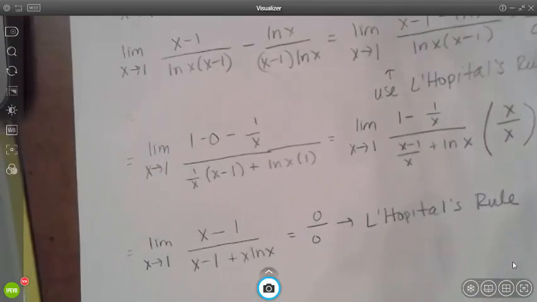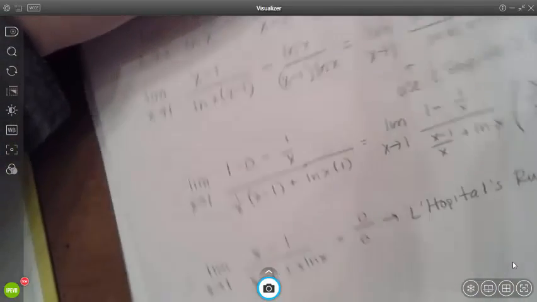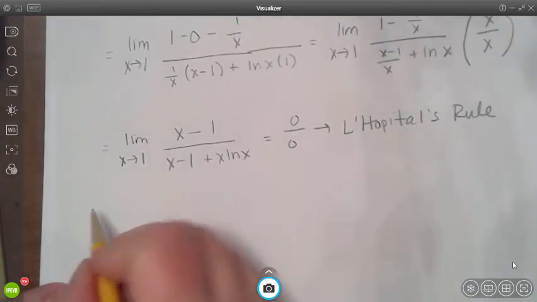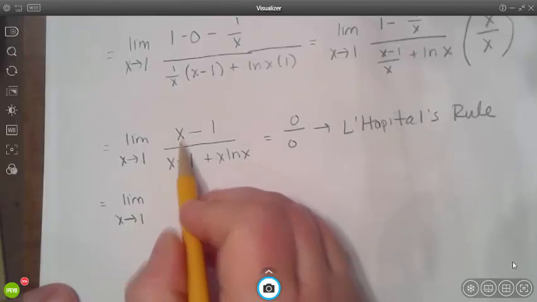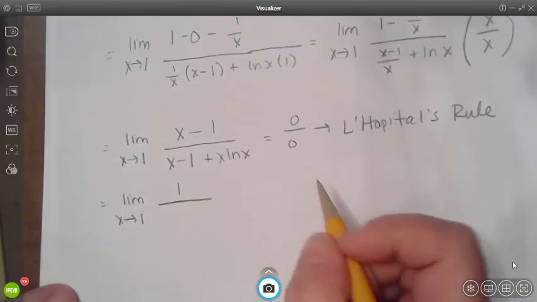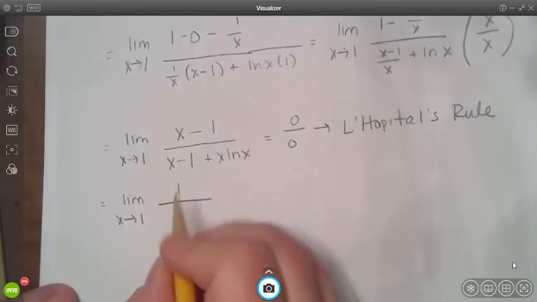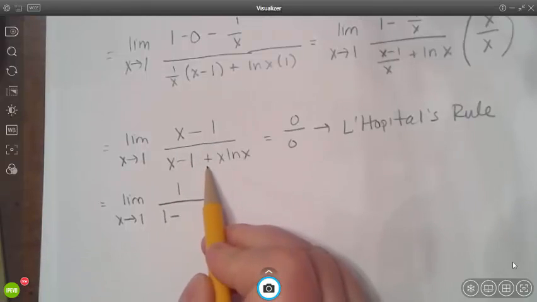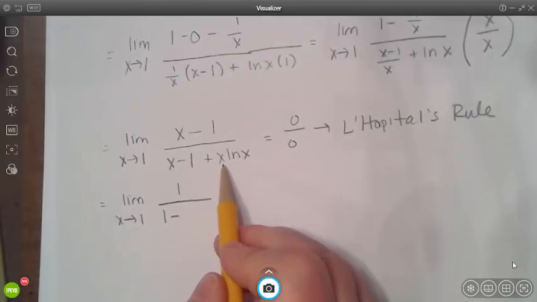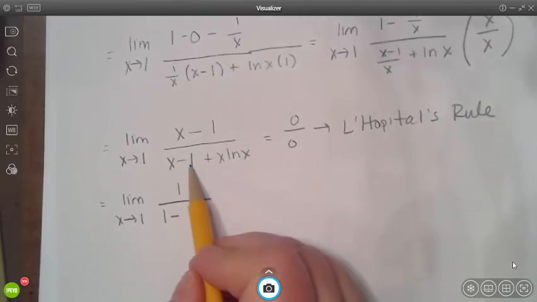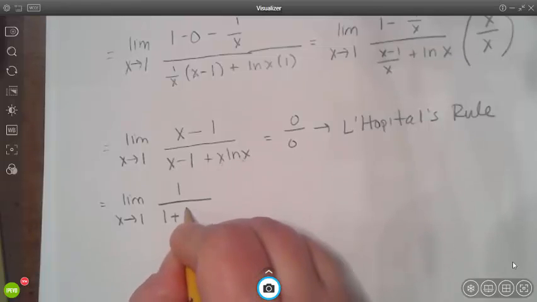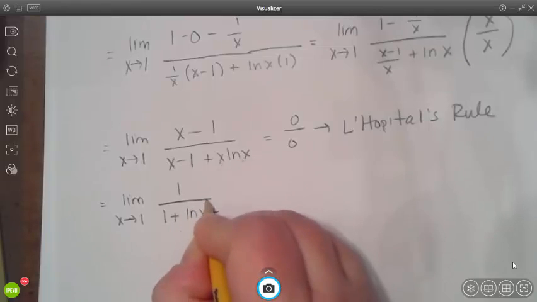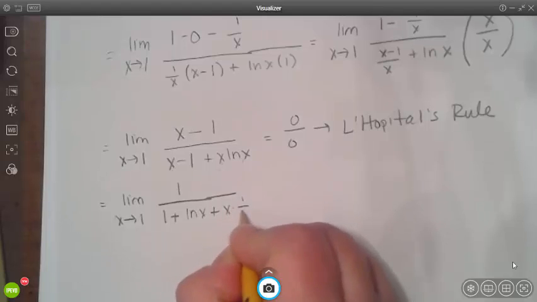So if I use L'Hopital's rule again, I have the limit as x approaches 1 of 1 over, because this derivative will be 0, derivative of this is 1, minus, again, I am going to have to use a product rule here, because this derivative is 0. Derivative of 1 is 0. Now we're going to have to use a product rule because I'm multiplying two things. So derivative of the first is 1 times the second plus the first times the derivative of the second.